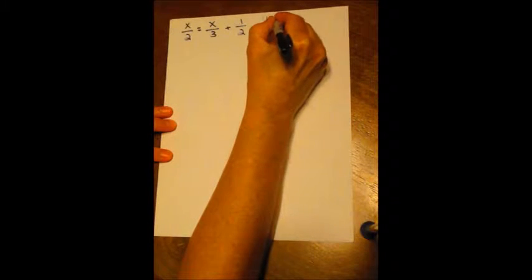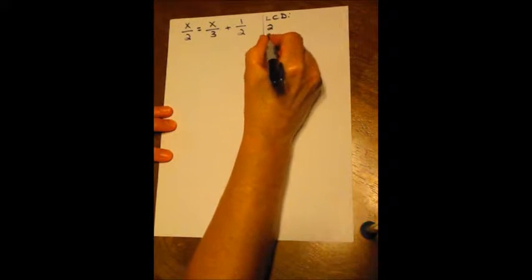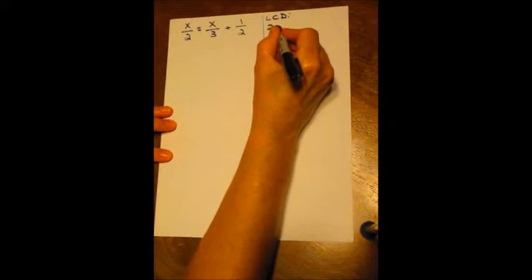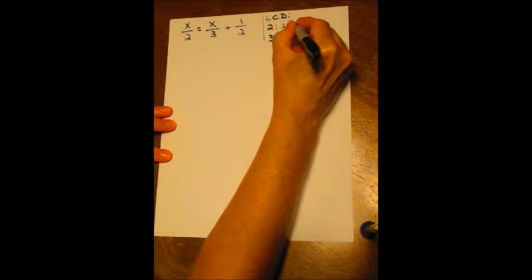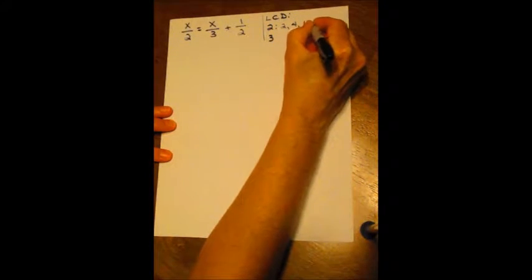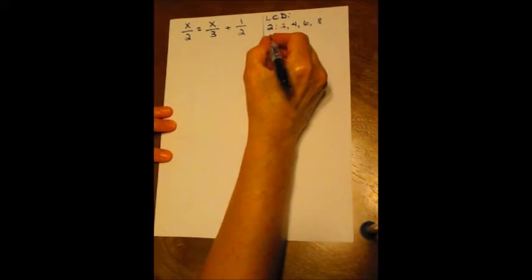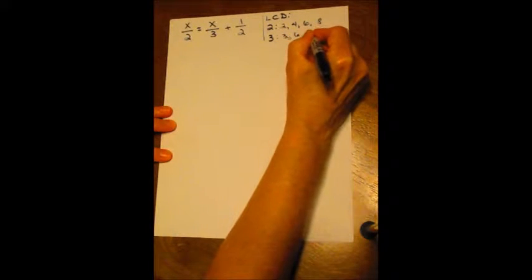So over here on the side, I list my denominators, 2 and 3, and then I'm going to list the multiples of each of those. The multiples of 2 are 2, 4, 6, 8, and I'll stop there. The multiples of 3 are 3, 6, 9.